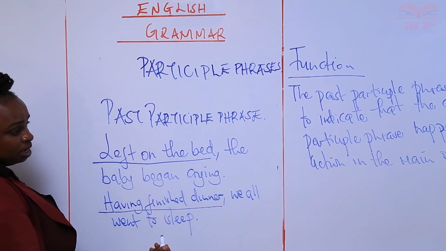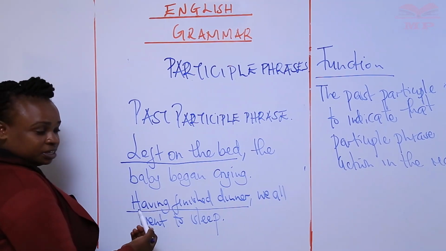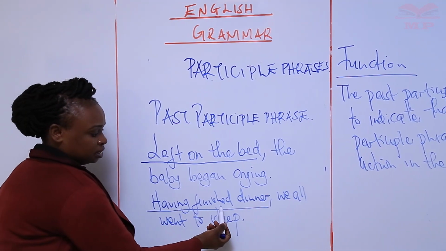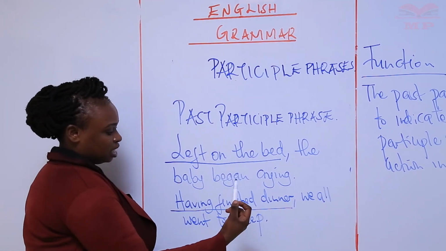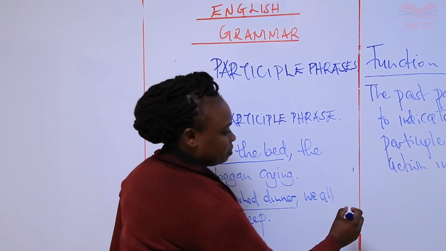I'm going to go back to the second sentence, having finished dinner. I'm going to explain something about that. We can use having in front of a participle to indicate that one action finished before the other begins. So I'll just note that down.